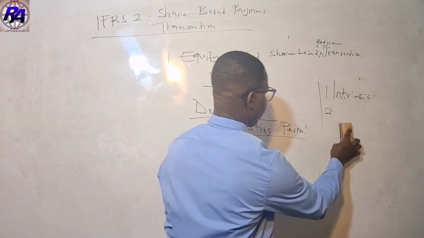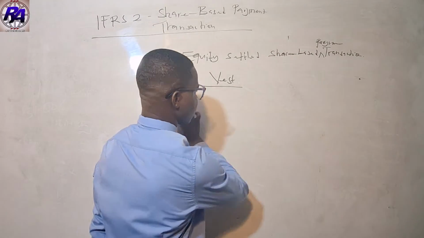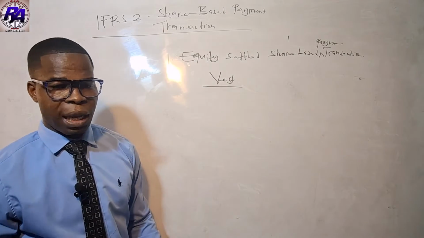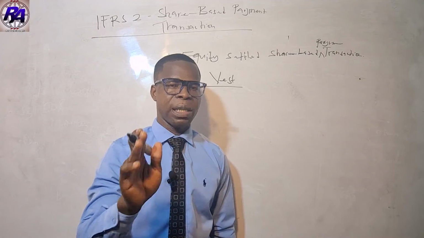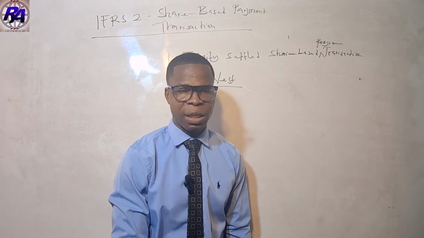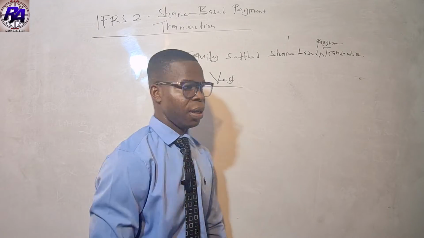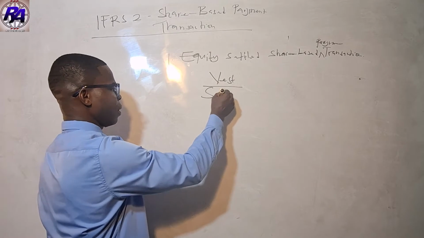So our focus here, let's come back to the conditions. There are two types of conditions, and how we account for equity settled share-based payment depends on which conditions are prevailing in the question. Let's take the first one. The first one is the service condition.